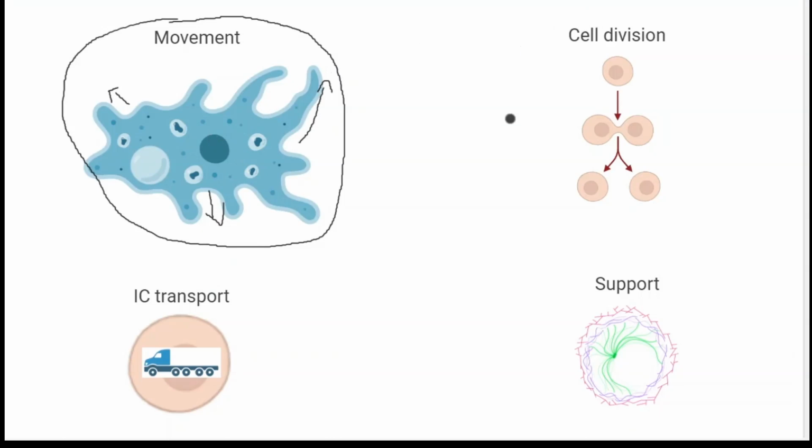Secondly, we have cell division. As you might know, during the anaphase, the cytoskeleton or microtubules are important in the cell division. So they will hold onto the centriole and some compartments of the chromosomes, and will help in the anaphase to pull chromosomes out of each other and make two new cells out of one cell.